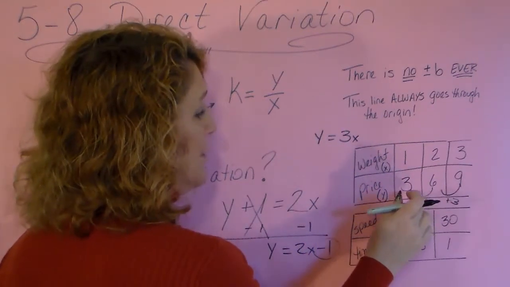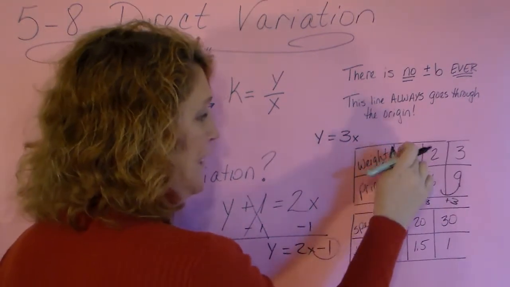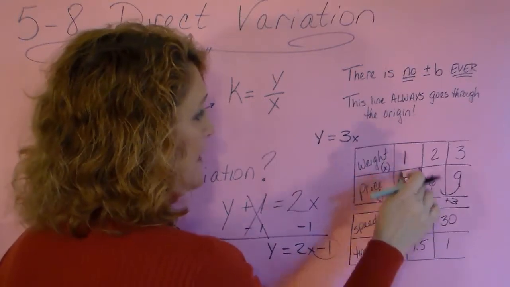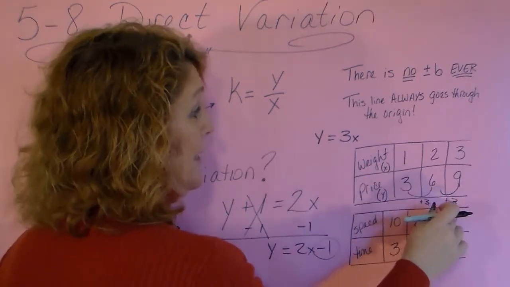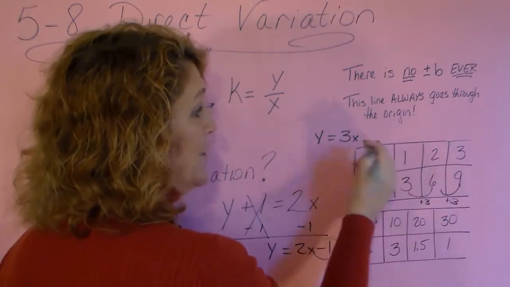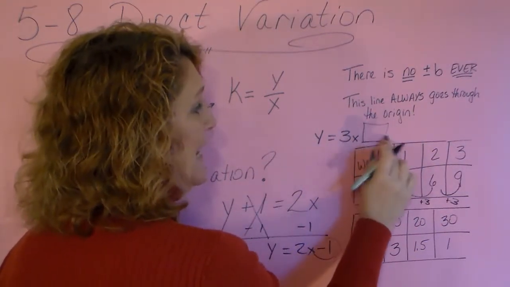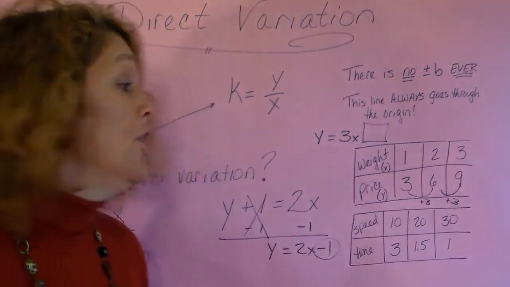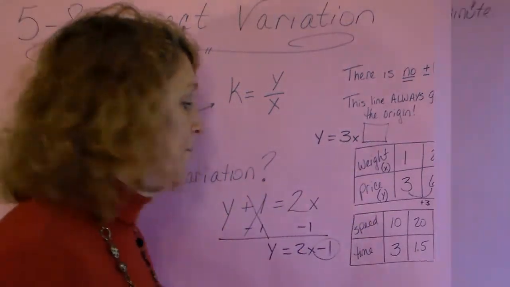And what do I have to do to get from my answer to this number? Well, 3 times 1 is 3. 3 times 2 is 6. 3 times 3 is 9. So I don't have any number I have to add or subtract. So this is a direct variation.